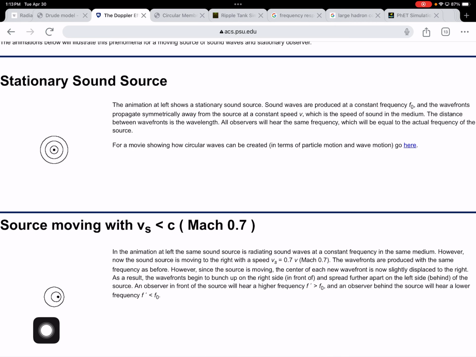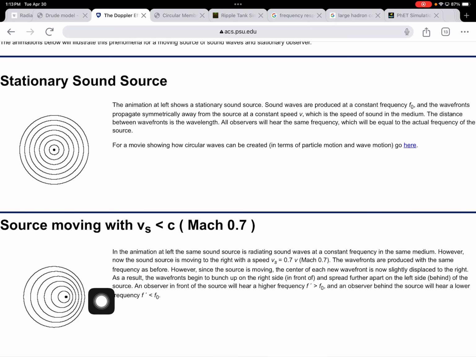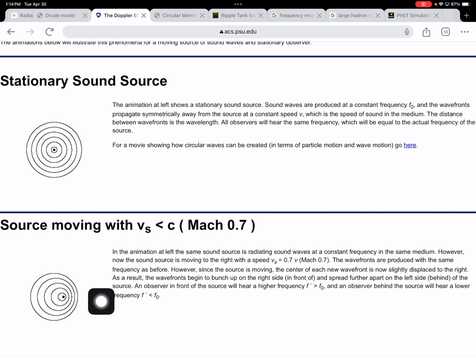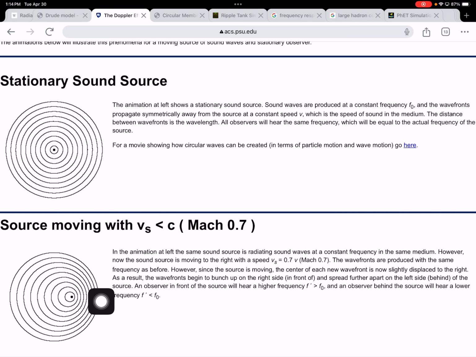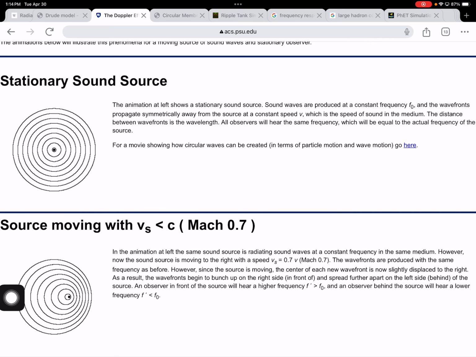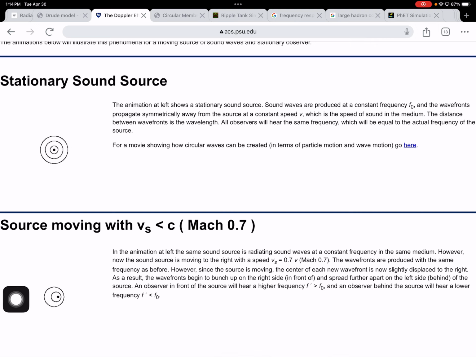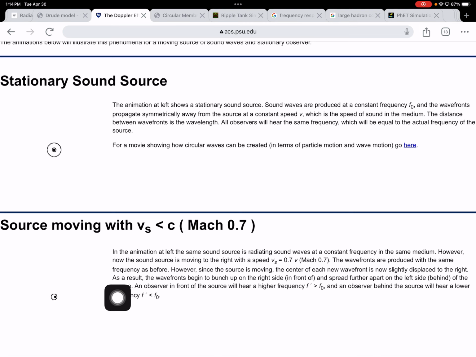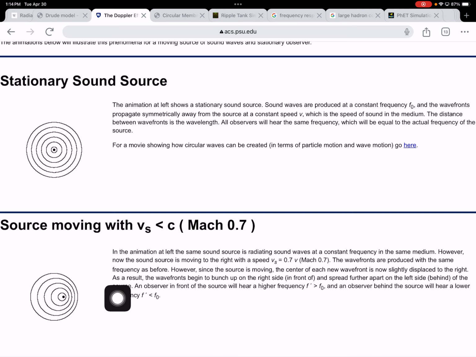Now let's say if the source starts moving and you're standing here, if this is producing 100 crests a second, more than 100 crests a second will pass you if you're standing there. And if you're standing there, less than 100 crests a second will pass you. So if a source is moving toward you, then you'll hear a higher frequency.